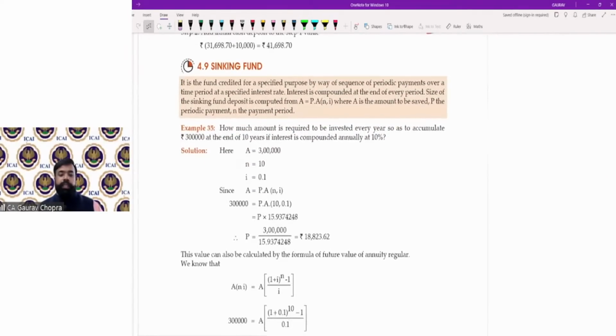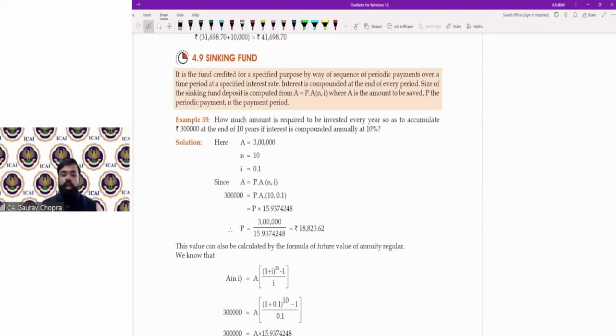Next is sinking fund. So example number 35. How much amount is required to be invested every year to accumulate rupees 3 lakh at the end of 10 years if interest is compounded annually at 10%? So what is required?